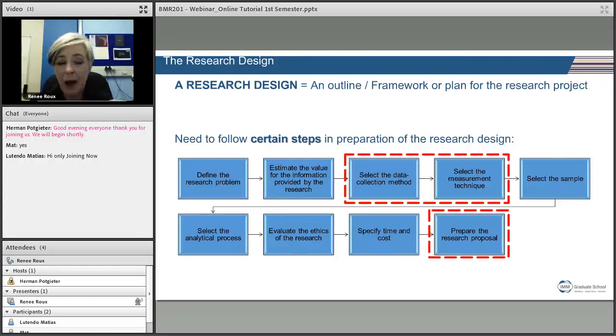You specify how long the research is going to take, what the cost is, and then you prepare a research proposal. Now, in the research design chapter, we are going to focus on the 3 highlighted blocks: the data collection method, the measurement technique, and the research proposal.